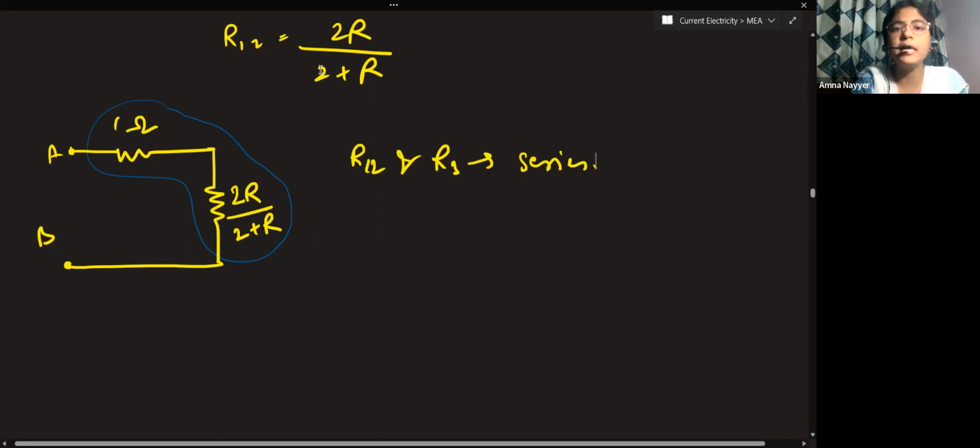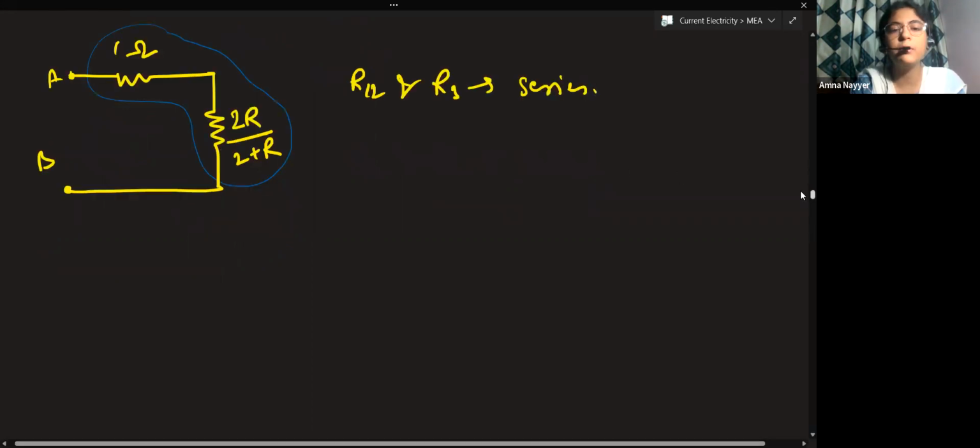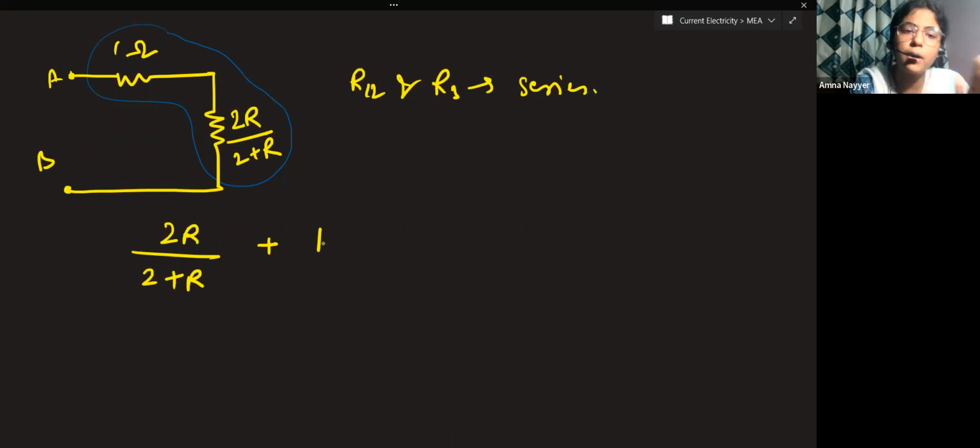Now if I directly add the series, R12 plus R3, it will be 2R divided by 2 plus R, plus 1 ohm.